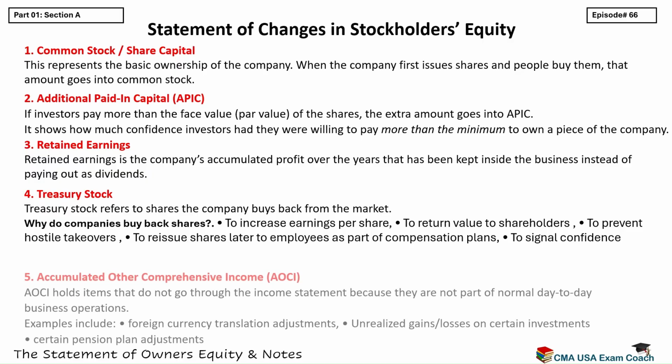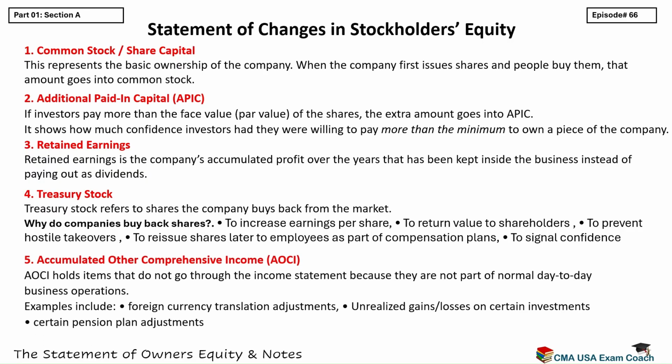5. Accumulated Other Comprehensive Income. AOCI. AOCI holds items that do not go through the income statement because they are not part of normal day-to-day business operations. Examples include foreign currency translation adjustments, unrealized gains/losses on certain investments, certain pension plan adjustments.